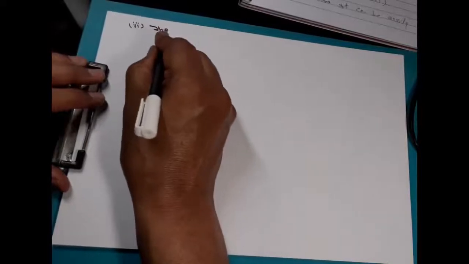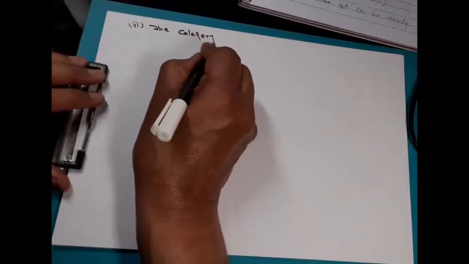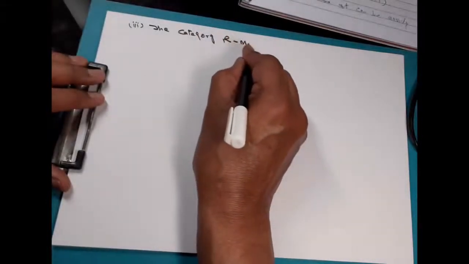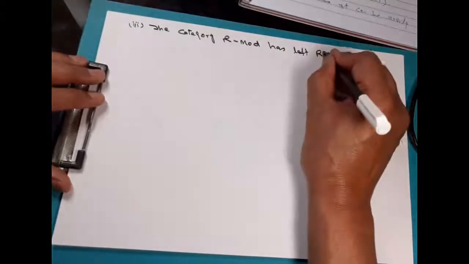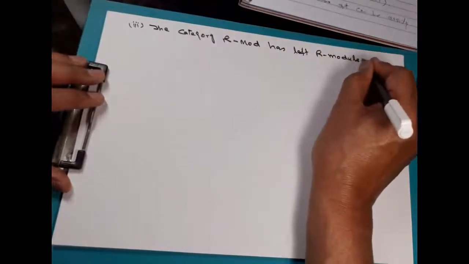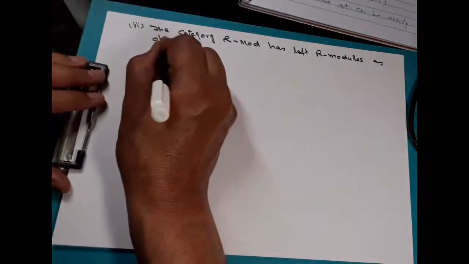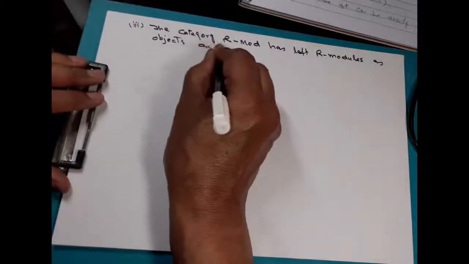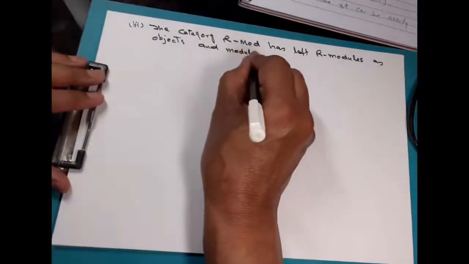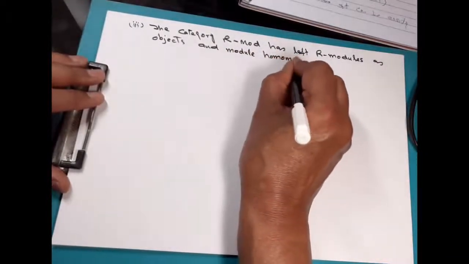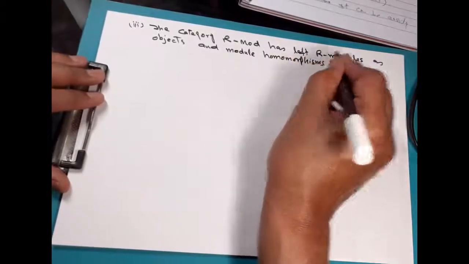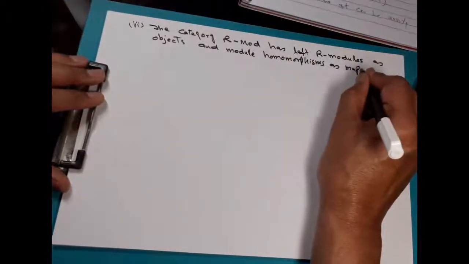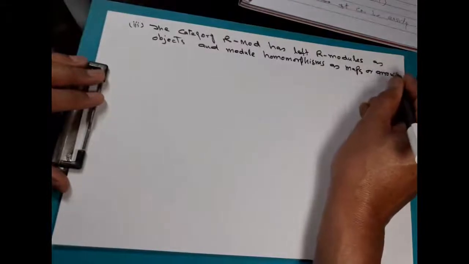The category R-Mod has left R-modules as objects and module homomorphisms as maps or arrows. So this is the structure of R-Mod, category of left R-modules.